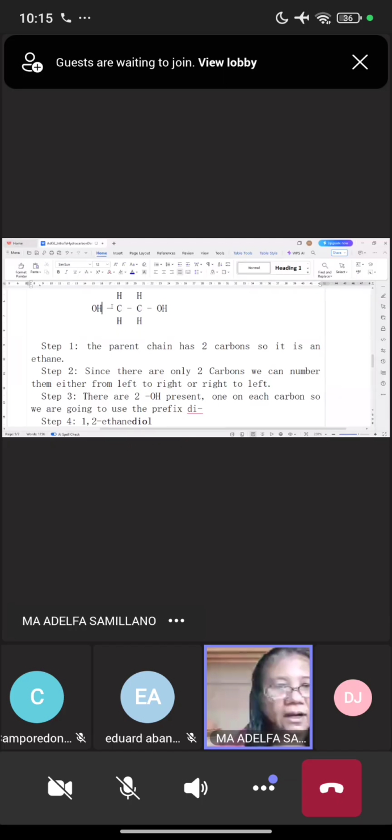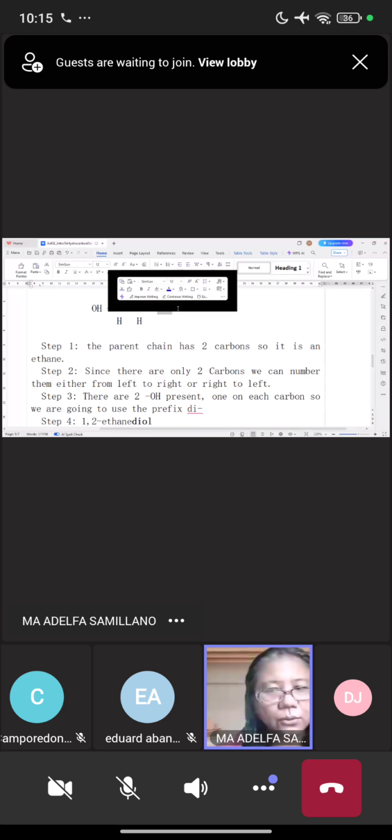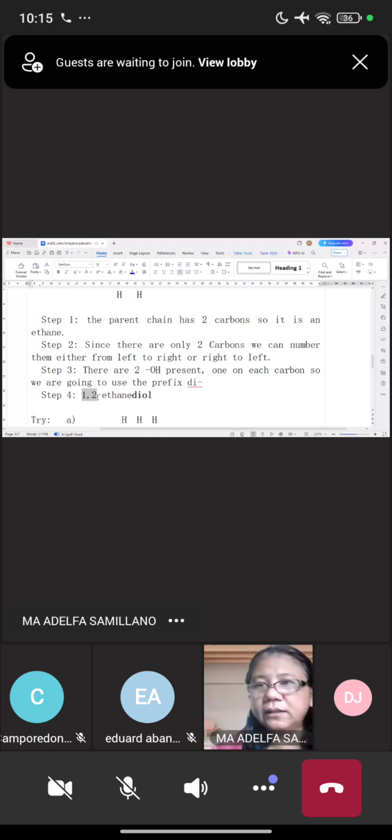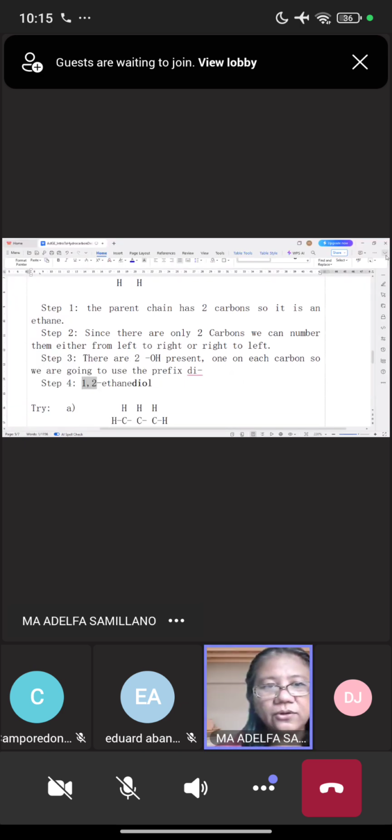Here, our OH on the left is attached to carbon number 1. And on the right, our OH group is attached to carbon number 2. So their locants are now 1, 2. The alkane with 2 carbons is ethane.